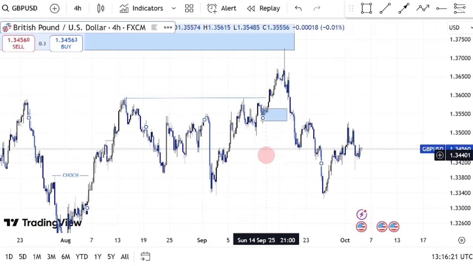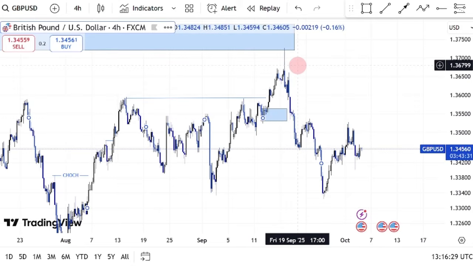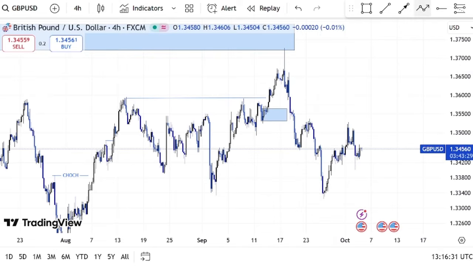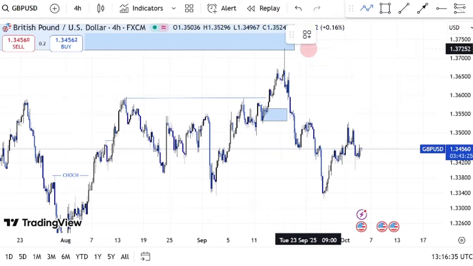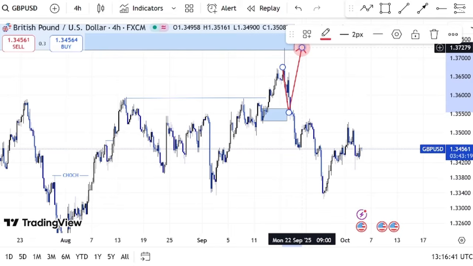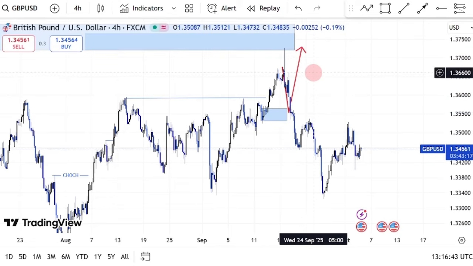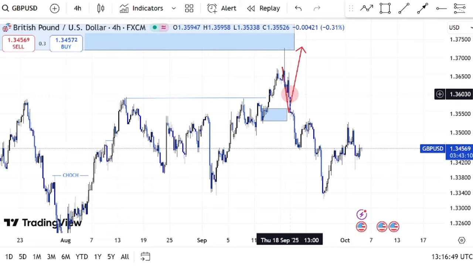A lot of persons were expecting price to come back into this zone before continuing to the upside, without actually considering liquidity in their setup.